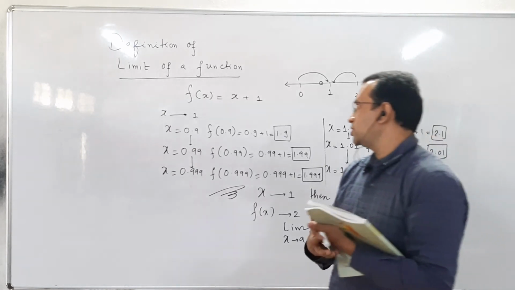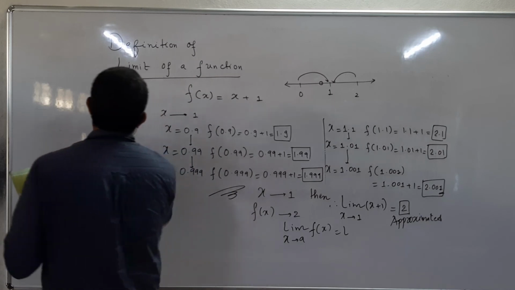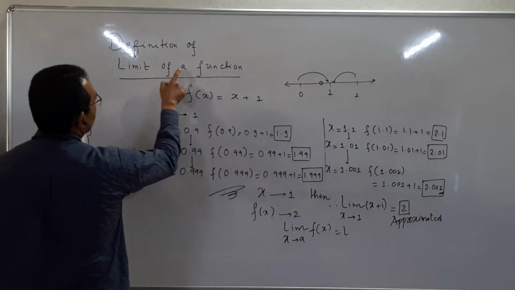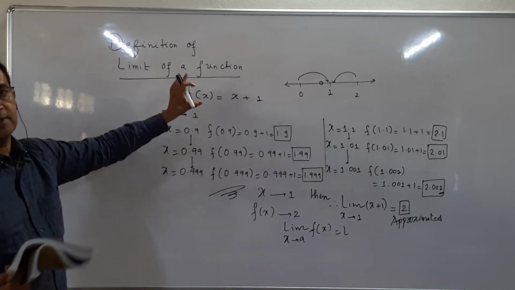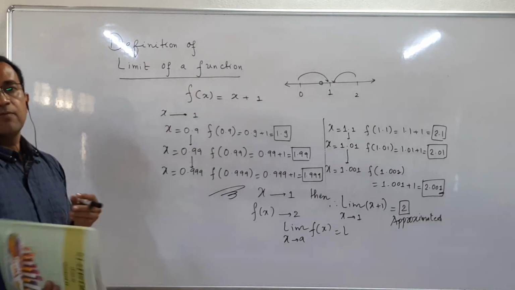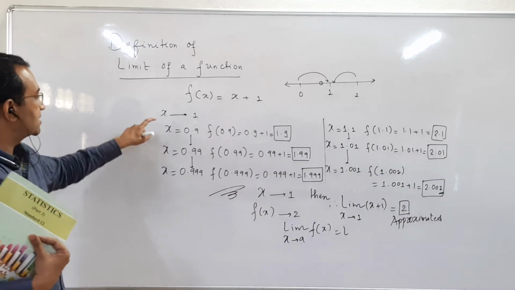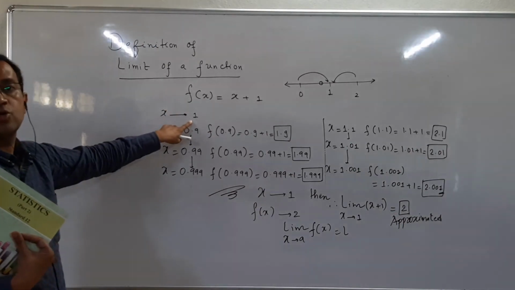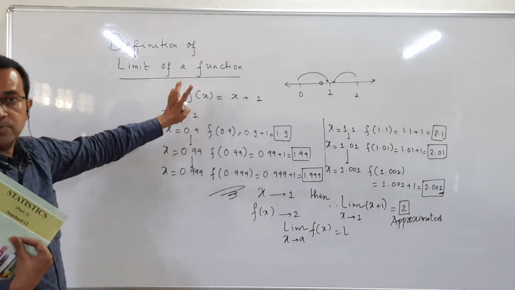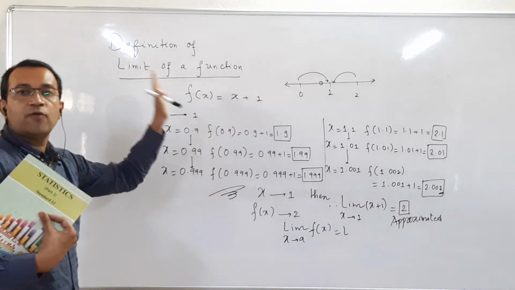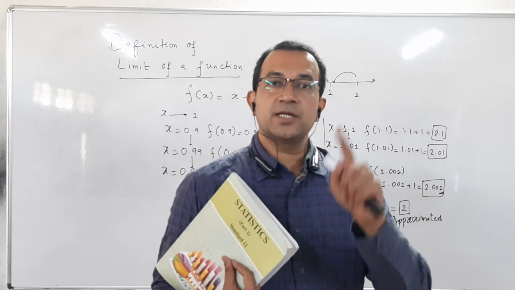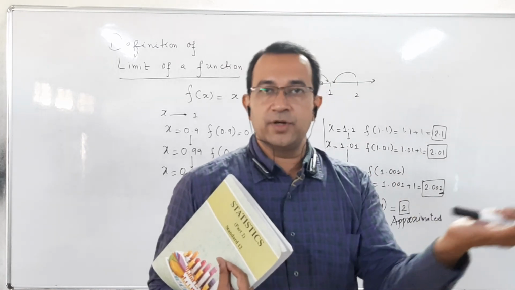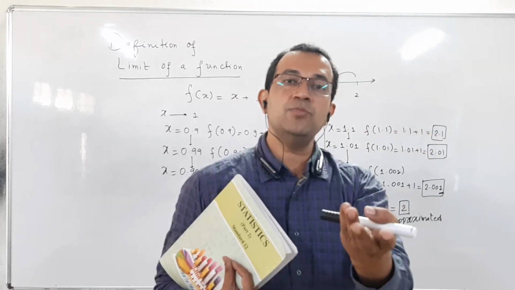So what is, students, the definition of limit of a function? All of you focus on this example. When the value of variable x is brought closer and closer to a, as per our example, closer and closer to 1. x can approach 1 from two sides: one is from the left hand side, the other from the right hand side.